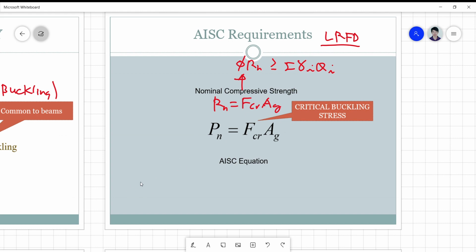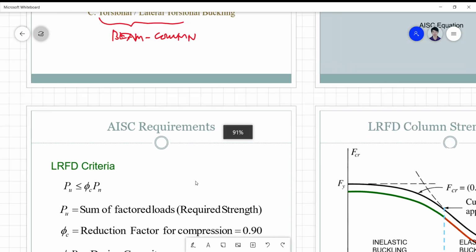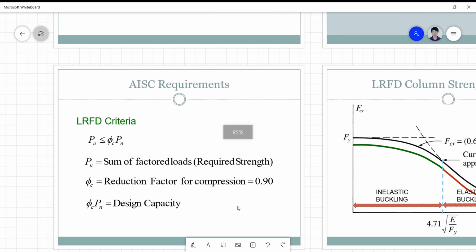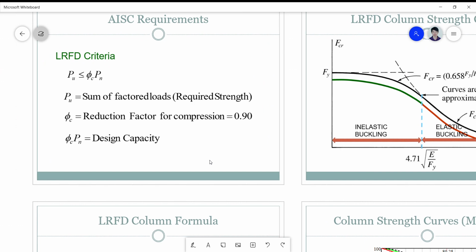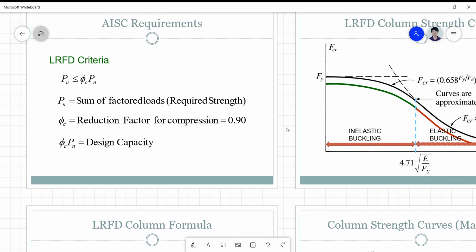So for your reduction factor, the compression reduction factor is often used to be equivalent to 0.90, and we all know that resistance and capacity are just names used sometimes interchangeably. So when I say design capacity, I also refer to the design resistance.